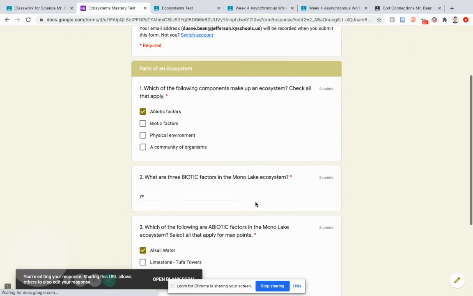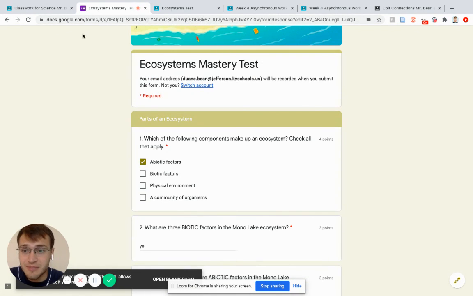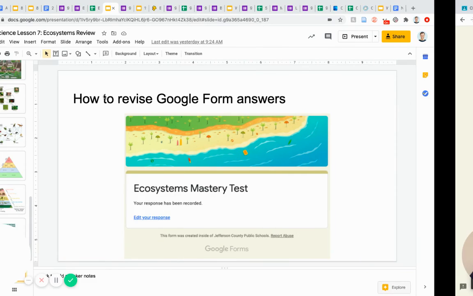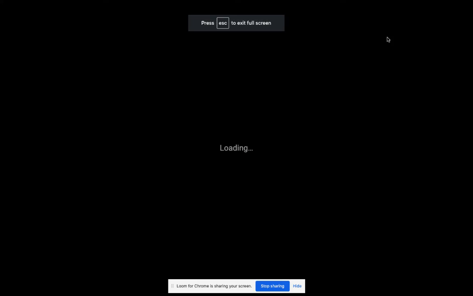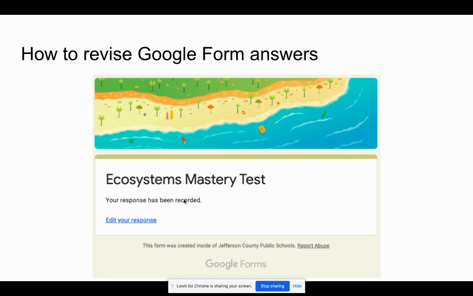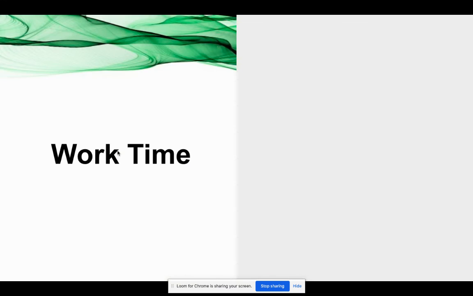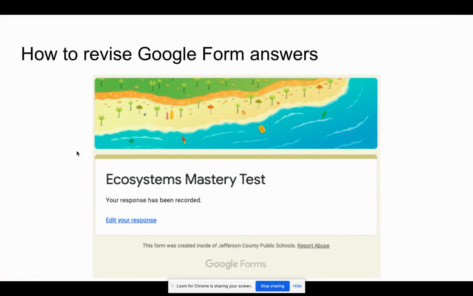This was just a bad example, but I can go back and change all my answers here. After you edit your response, I get a notification and I can go back and regrade your work. So go ahead and redo your ecosystems test.